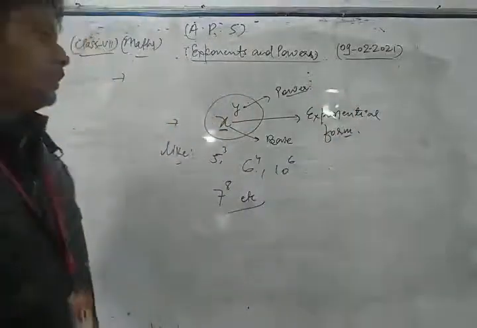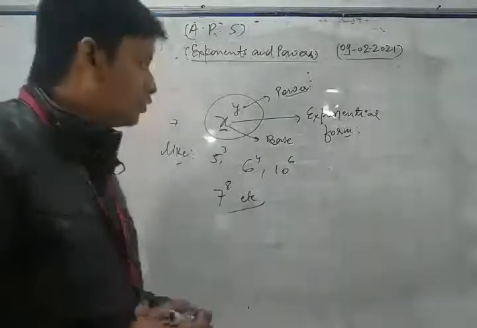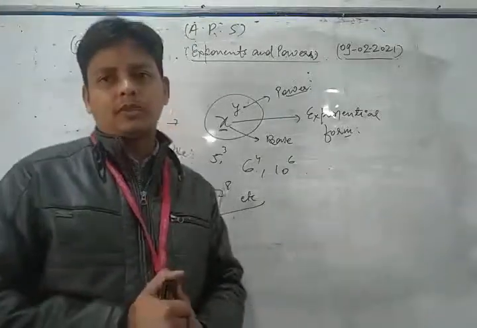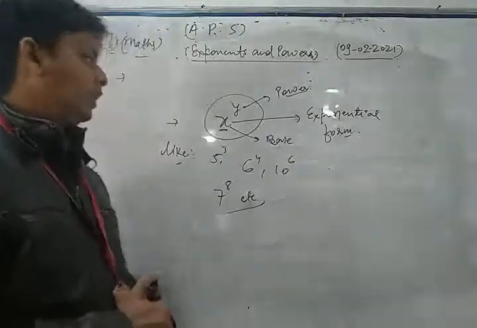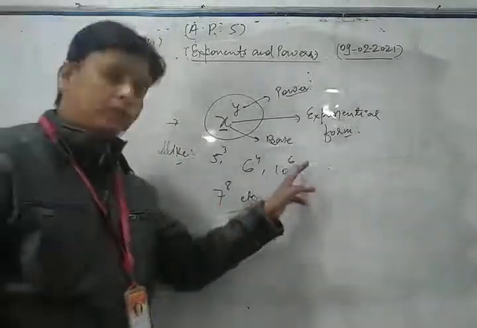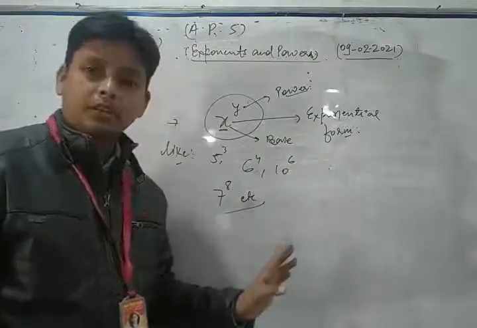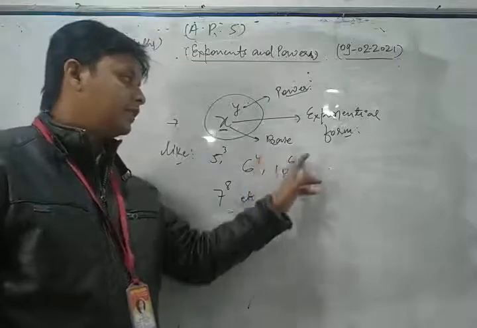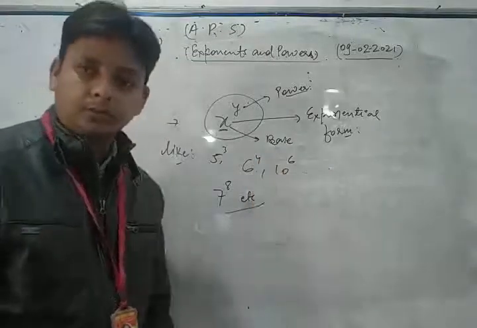That number which we write in the form of x to the power y is known as the exponential form of a number. So if we write 10 to the power 6, 10 is called its base and 6 is called its power, and that representation is called exponential form.